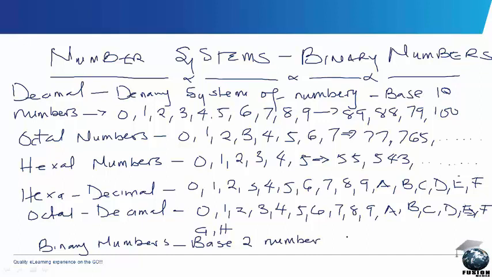They consist of just 2 digits, and the 2 digits are 0 and 1. Any combination of these could include numbers like 100, 101, 111, and so on.